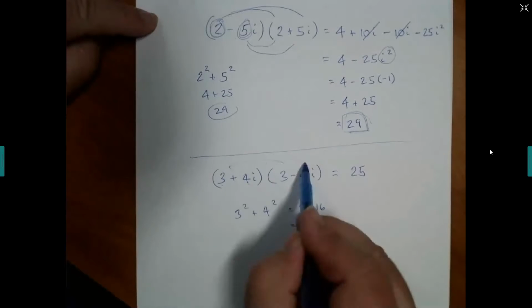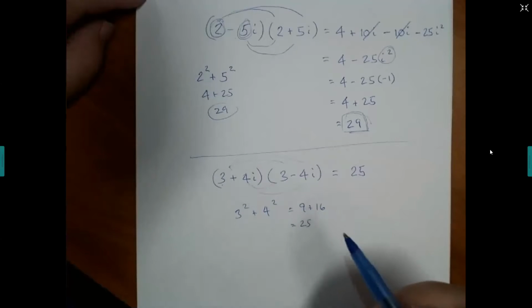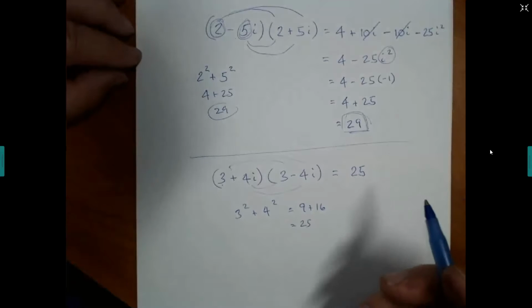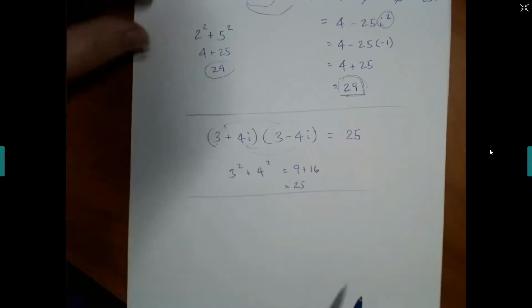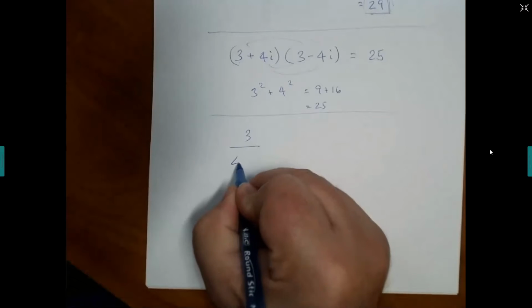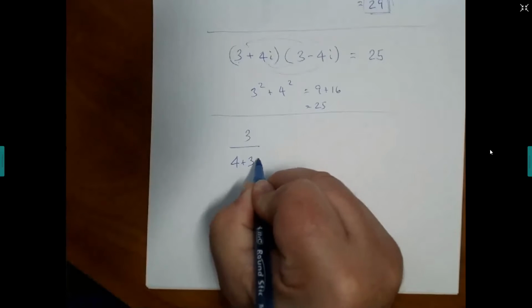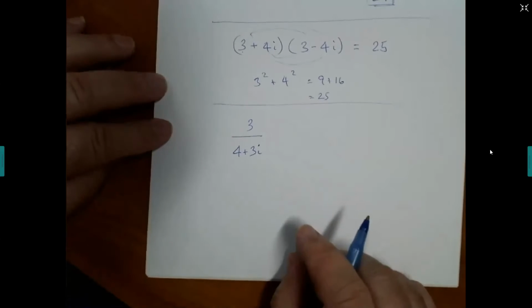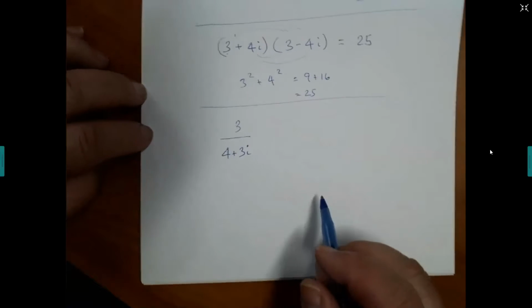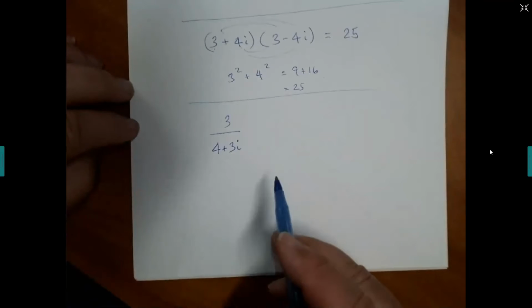Or you could go ahead and do the foiling method. Now, what is the reason I showed you this for? What if we had that? Remember, the rule says we cannot have any i's on the bottom.